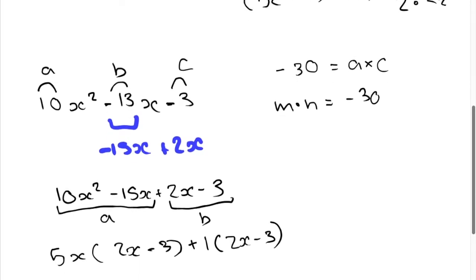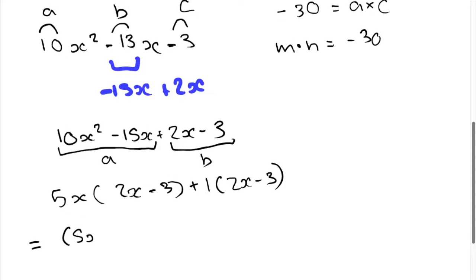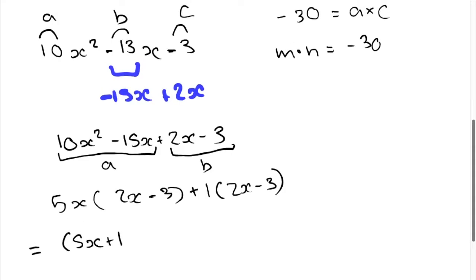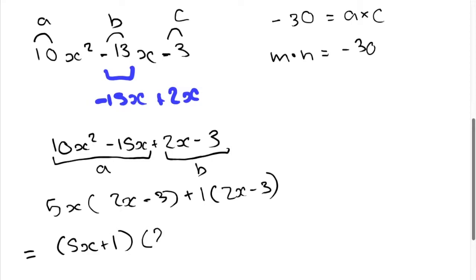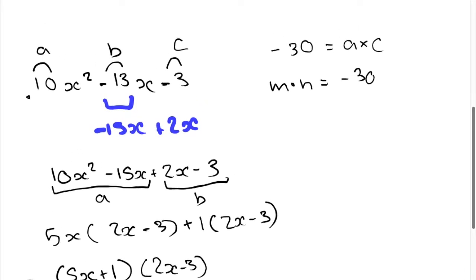Now the goal is to get 2x minus 3 inside both the brackets. After 2x minus 3 is inside both the brackets, we can simply write 5x plus 1 times 2x minus 3. And there we factorized the first equation given over here.